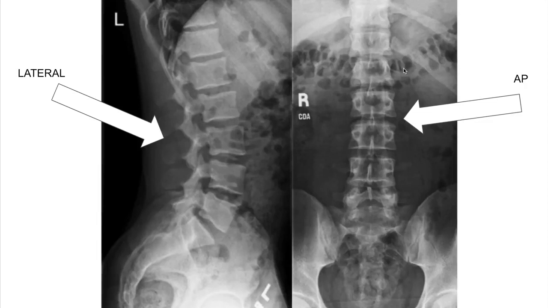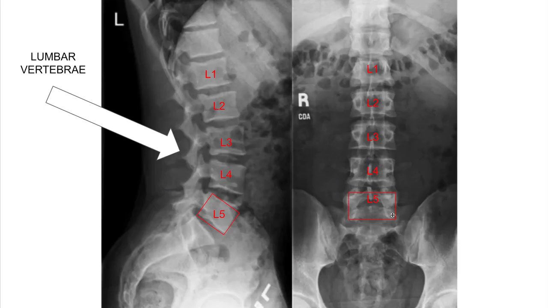So the first thing that I look for is, I count the number of lumbar vertebrae. There are some patients who have abnormal anatomy, which means they have more than the normal 5 lumbar vertebrae. And I usually count them on the AP view to start off with, which is this view to the right here. And each of the vertebrae should be kind of square shaped, and they should be pretty consistent throughout the lumbar spine.